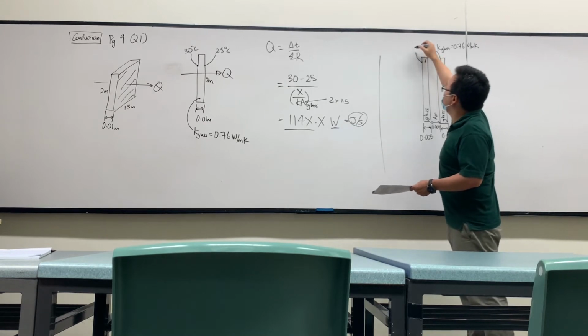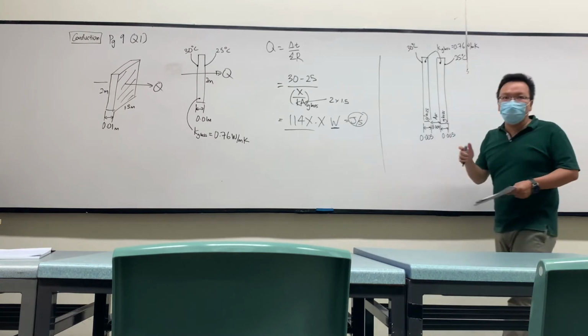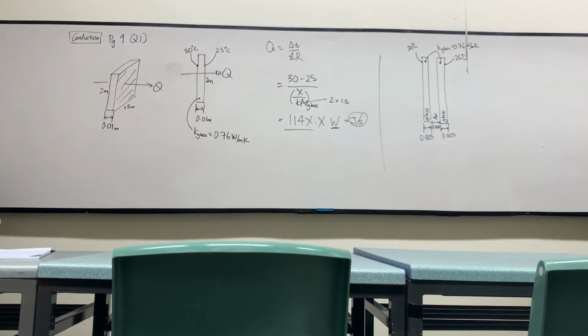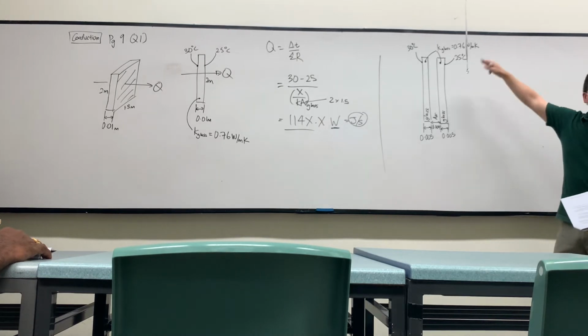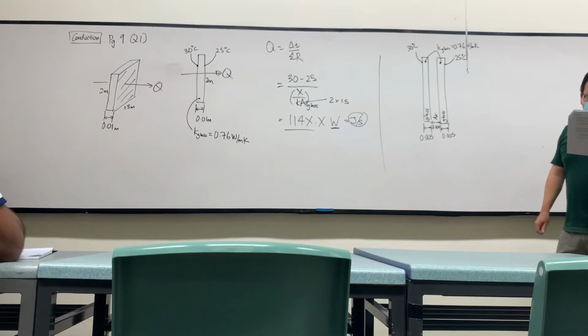The surface here is still 30, and the surface here is still 25. The height is still 2 meters, so we don't bother. And then one more thing here, very important.